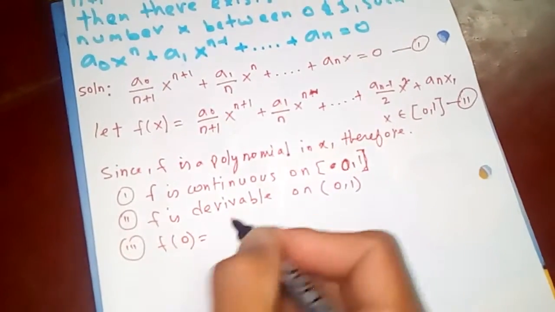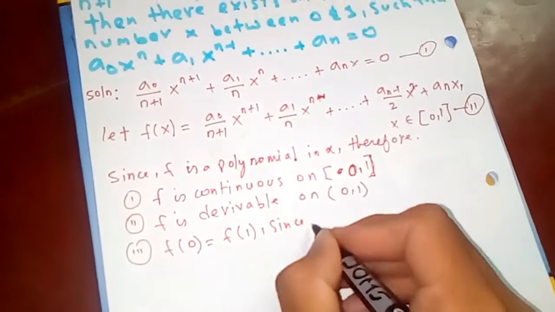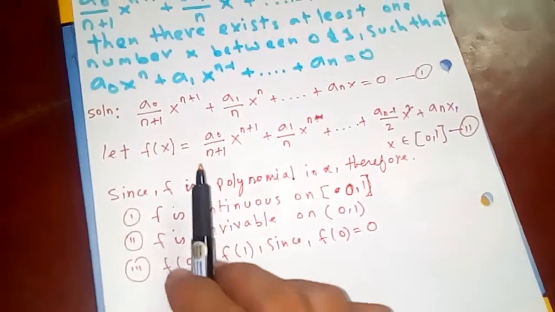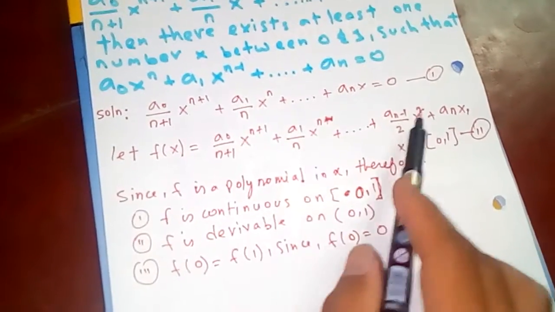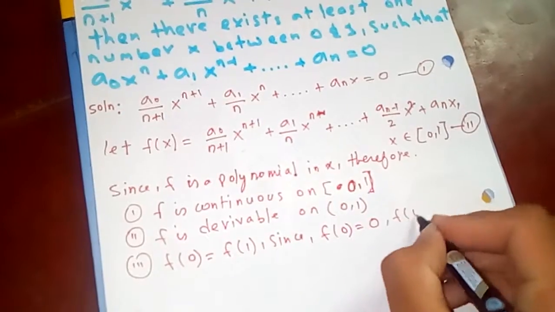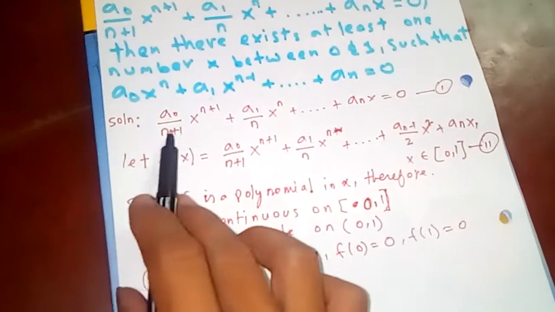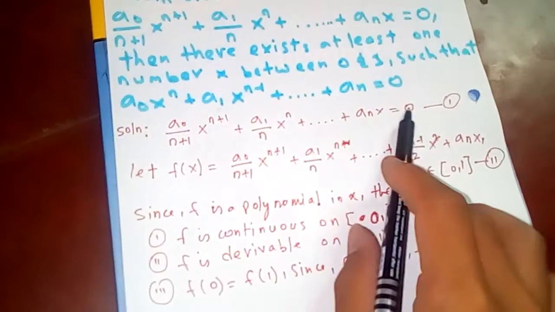And number 3, f of 0 is equal to f of 1, since f of 0 is equal to 0, because if you put 0 in place of x, all terms will be 0, and f of 1 is 0 because in the question, if you put x to be 1, then all this is equal to 0.